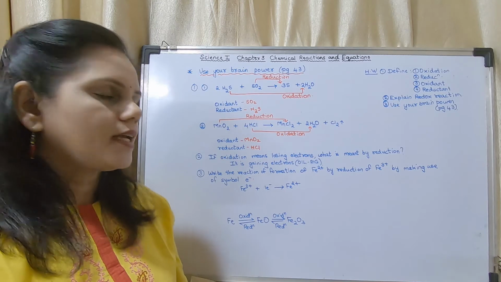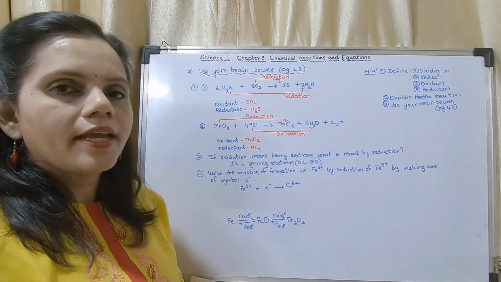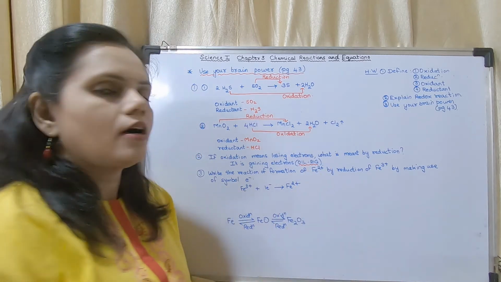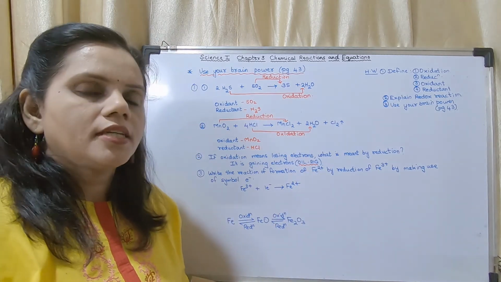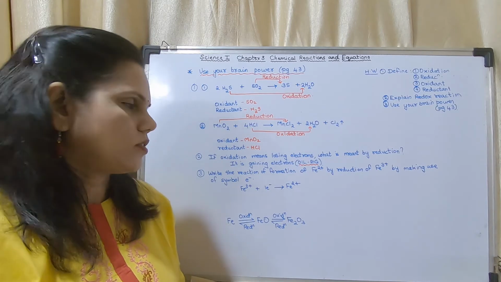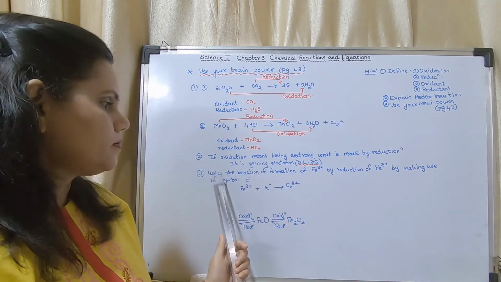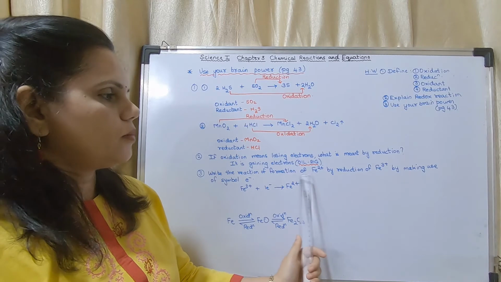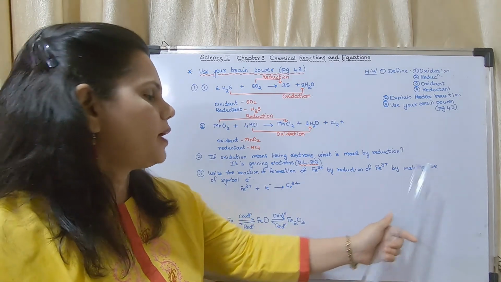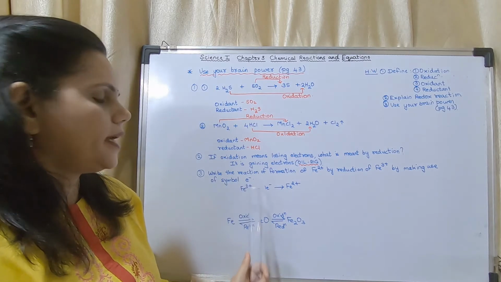Reduction is gaining electrons. I told you, OIL RIG. Oxidation is losing electrons, reduction is gaining electrons. Now the next: write the reaction of formation of Fe2+ by reduction of Fe3+ by making use of the symbol electron.